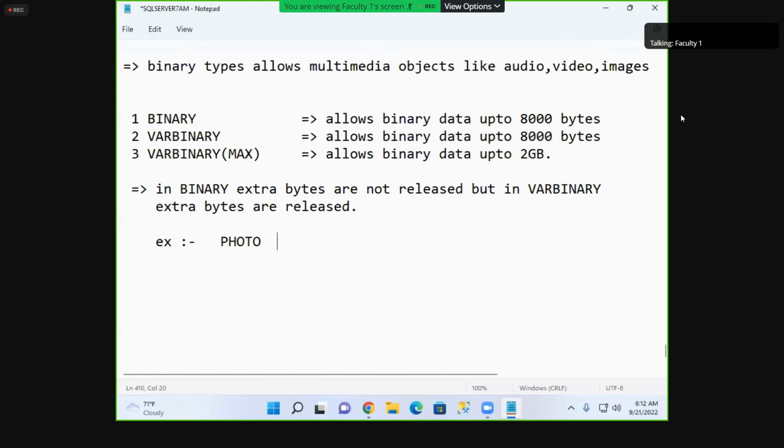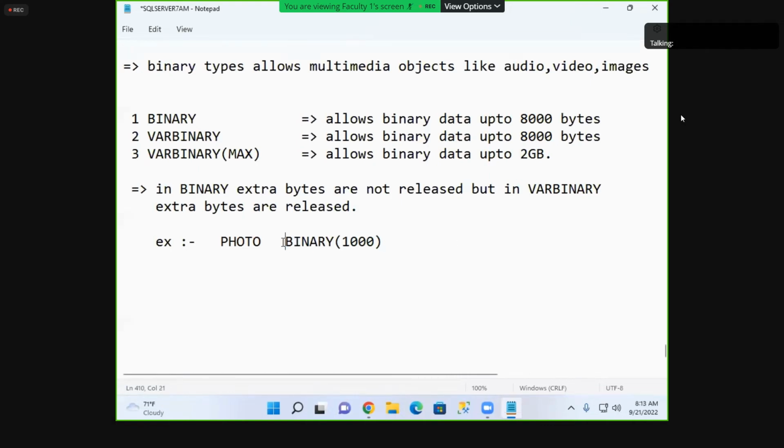Suppose I declare binary, say 1000. The actual photograph takes 500 bytes. What about the remaining 500 bytes? Wasted.